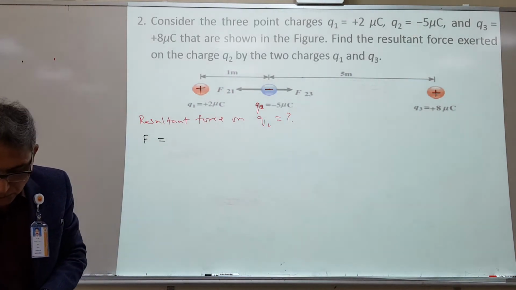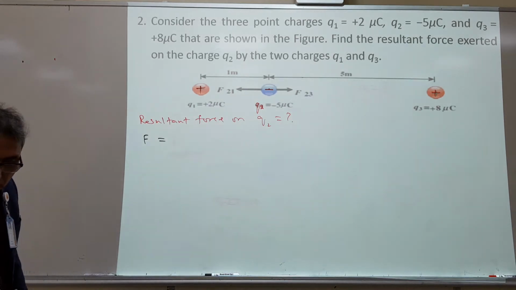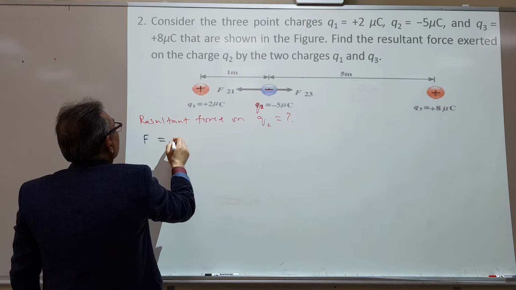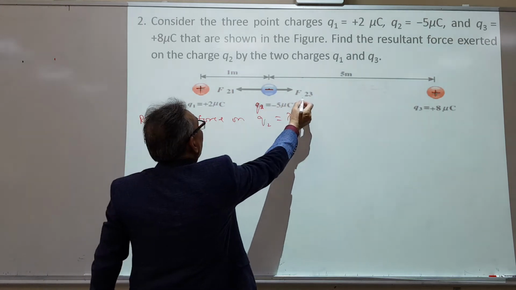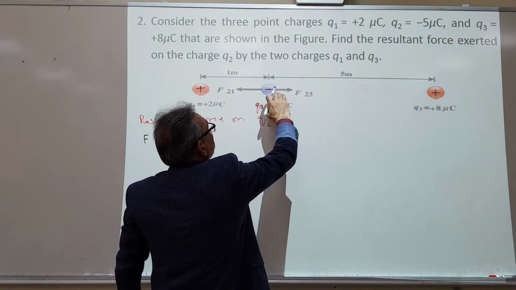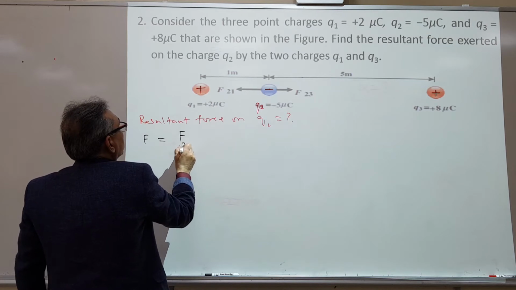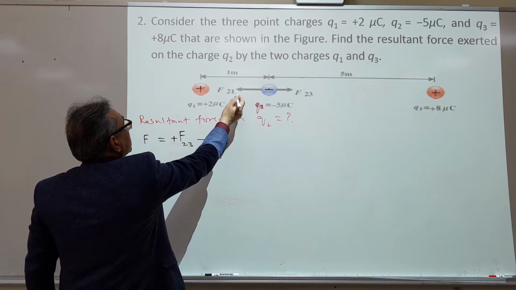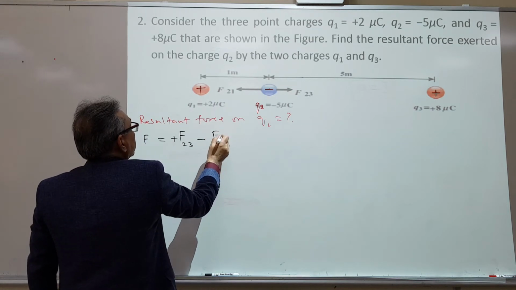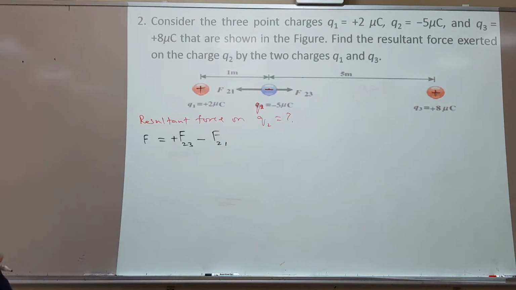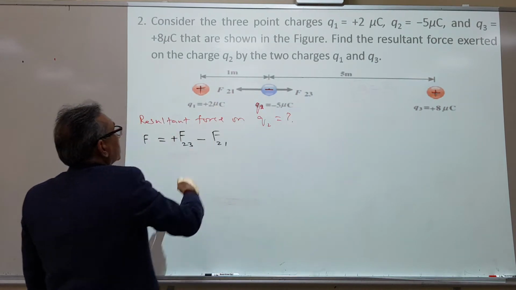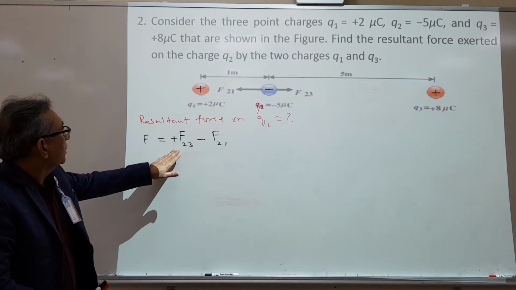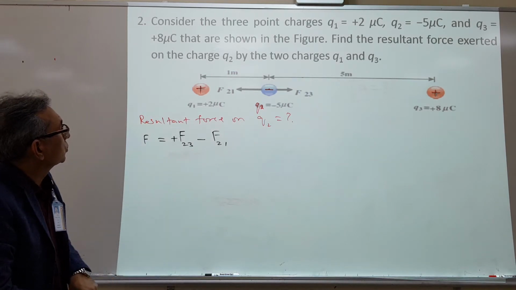Using Coulomb's rule, the force on charge 2 by 3 attracts it to the right side, so positive, and the other to the negative side. So keep in mind, we add these forces like vectors. If a force is along the positive x-axis, we take positive. If along the negative x-axis, we take negative sign.